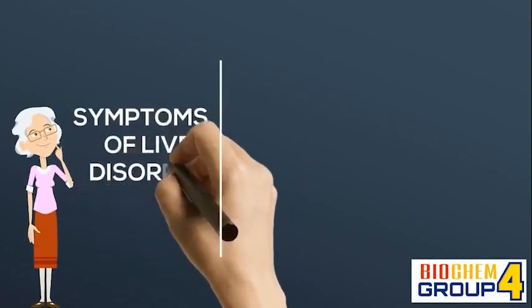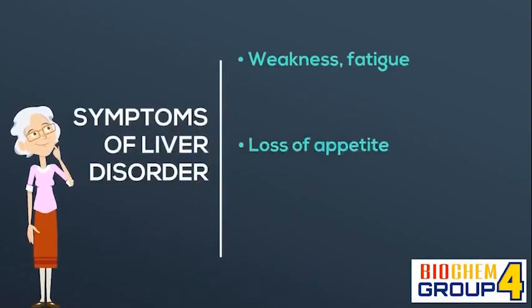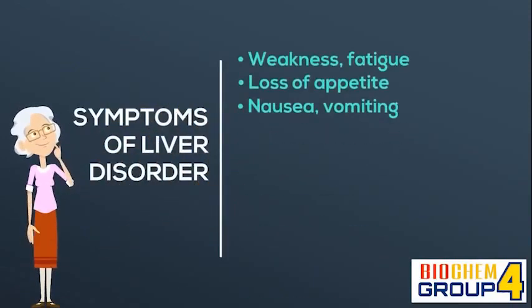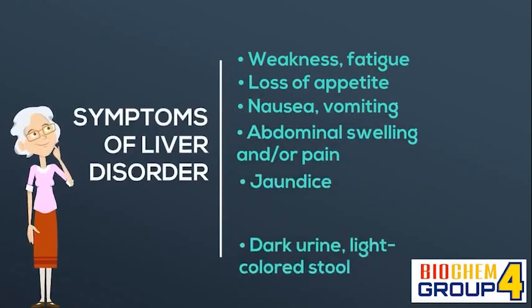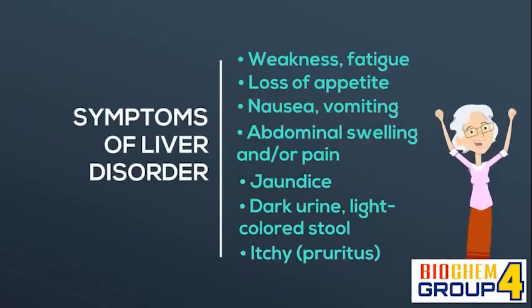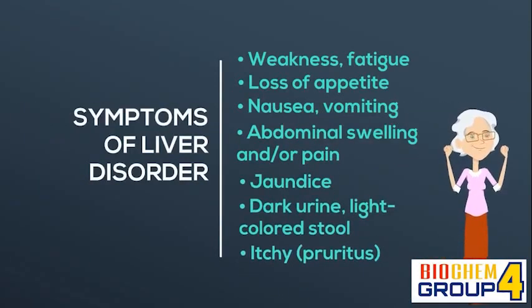Some of these may include weakness, fatigue, loss of appetite, nausea, vomiting, abdominal swelling and/or pain, jaundice, dark urine, light-colored stool, itching (pruritus), swelling in the legs and ankles, and tendency to bruise easily.